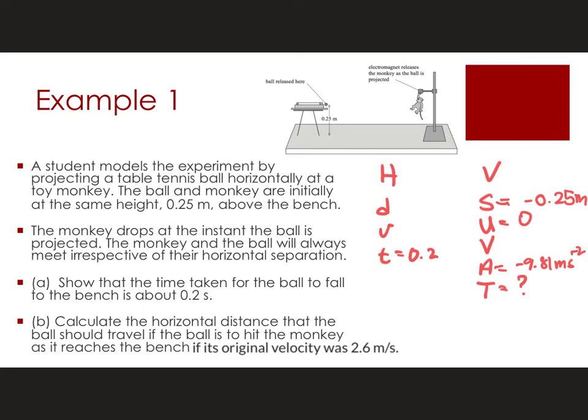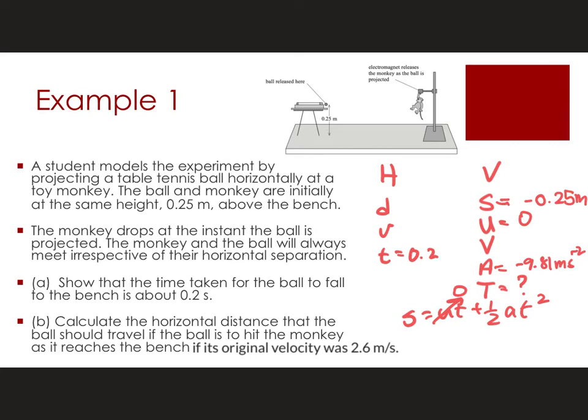So I go to my data booklet and I say, what equation in suvat has s, a, t, and u? And because u is 0, I suggest that the very first thing you do is go like this with an arrow and a 0 through it. It's going to make our calculations so much easier.